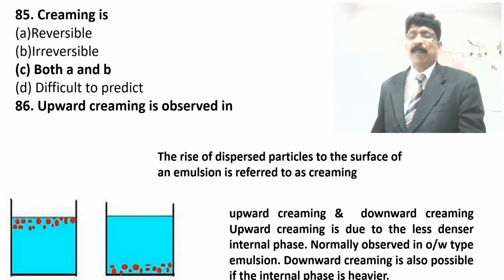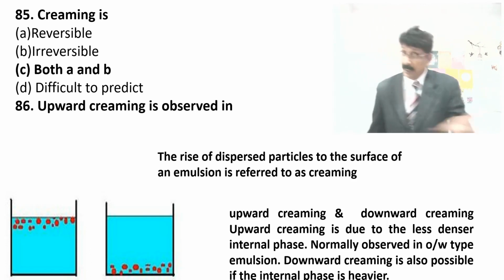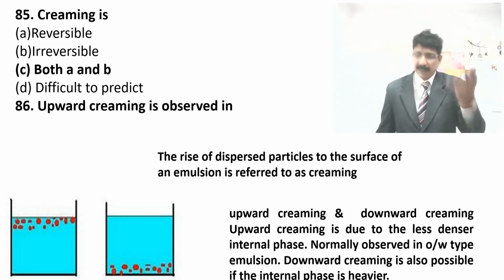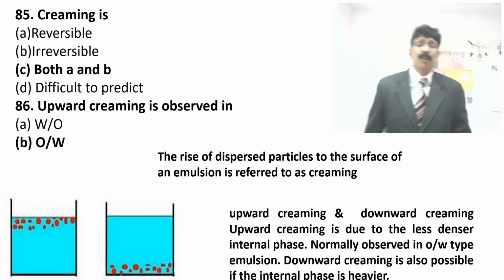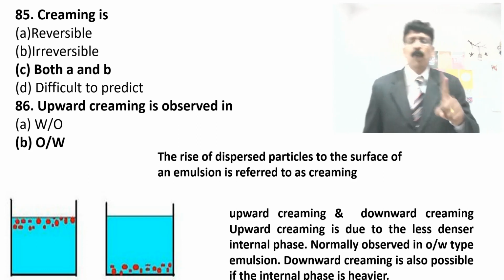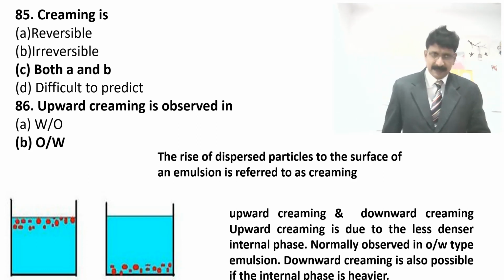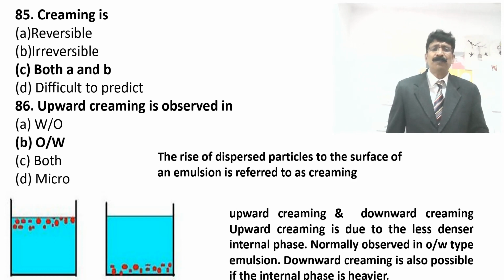Downward creaming is also possible in water in oil emulsion, where the internal phase comes down. So they have asked, is upward creaming observed in water in oil? No. Oil in water. Both we cannot say. Micro also we cannot say.